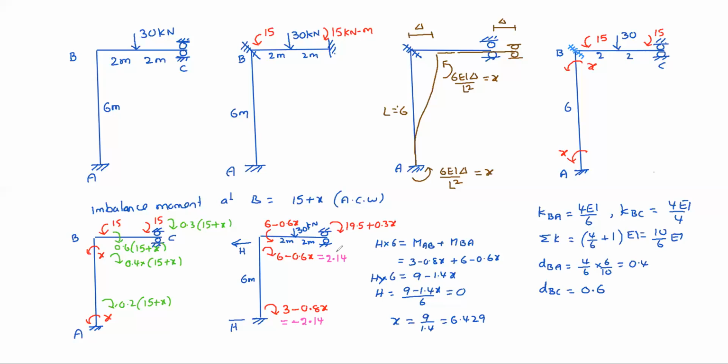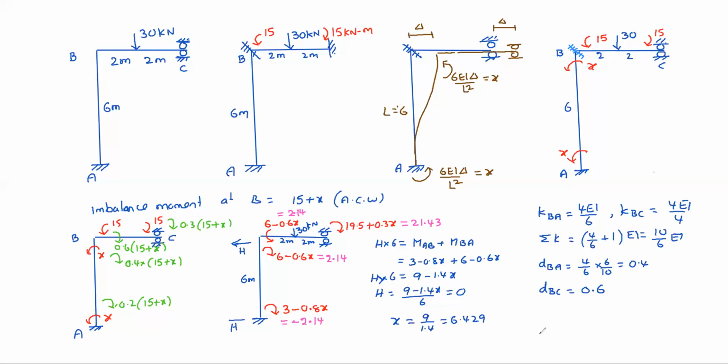And of course 6 minus 0.6X, this also the same, 2.14, and this will be 19.5 plus 0.3 into X, that is 6.429, which is 21.43.